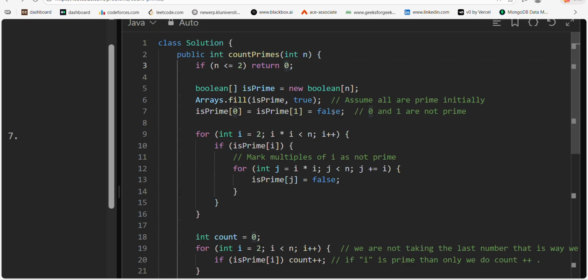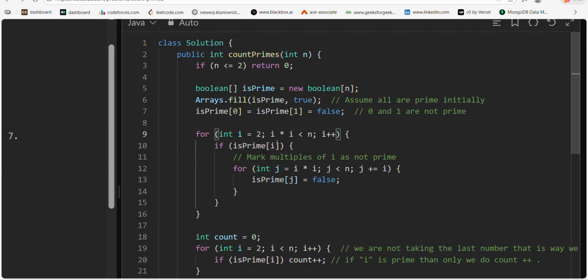Now the next approach: we have to remove the multiples as not prime. For that we write this for loop: i equals 2, i times i less than n, i plus plus.